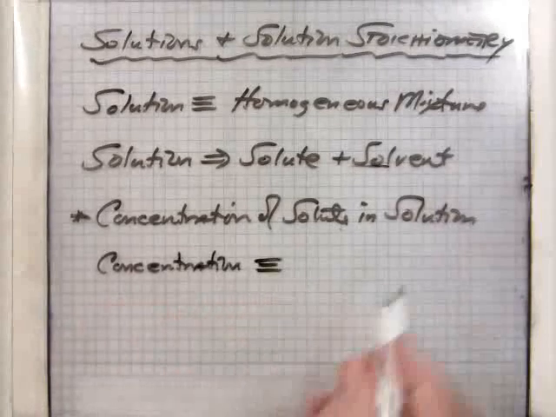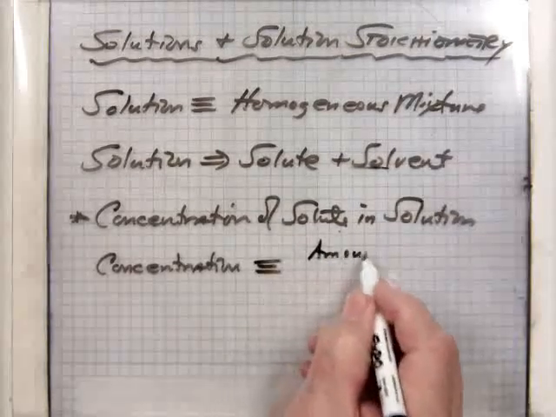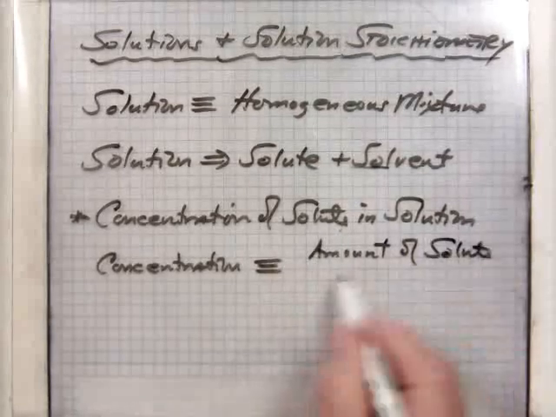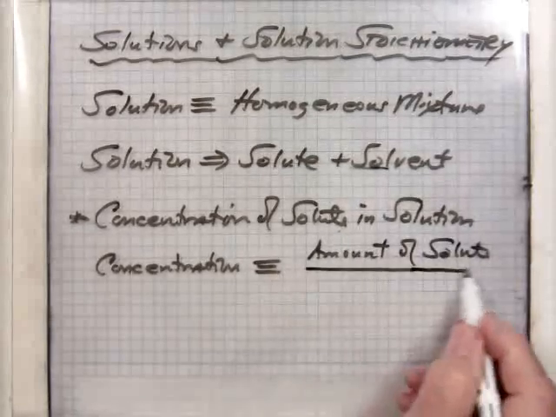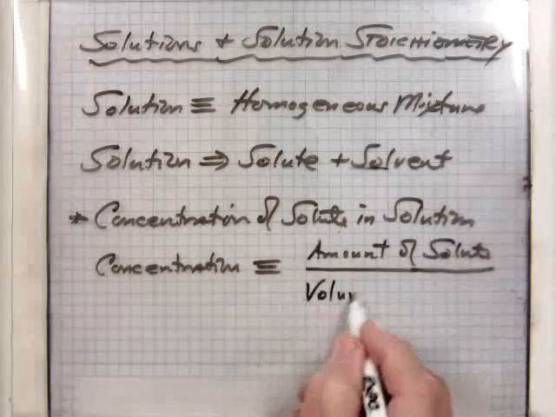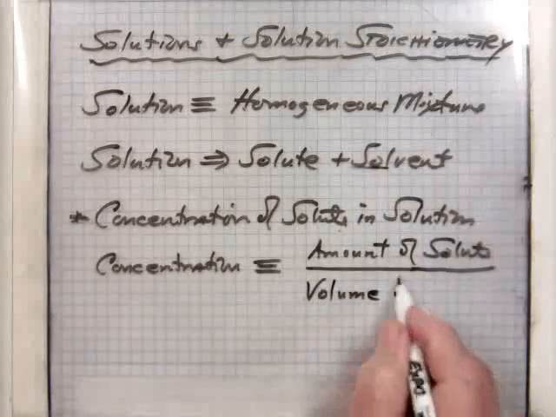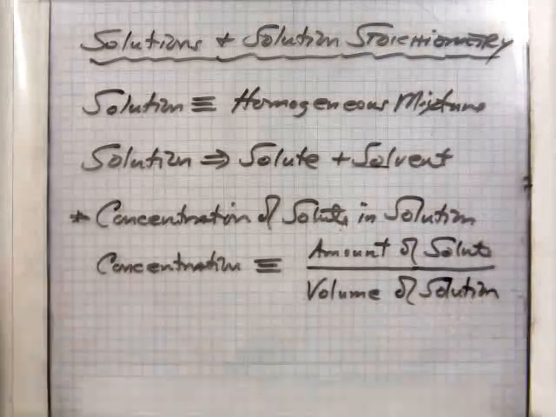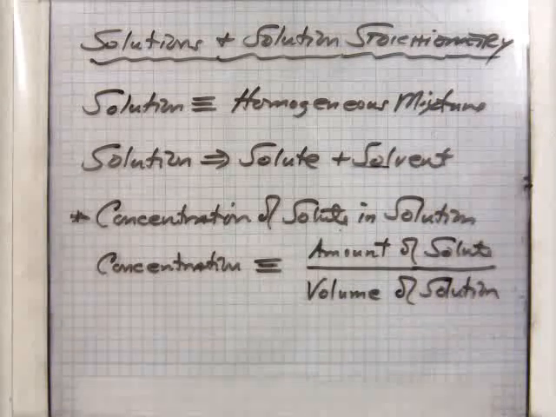So when we define concentration, by definition, it's an amount of solute in a volume, in this case, volume of solution. Actually, it's an amount of solution, but we're expressing everything in volume terms.